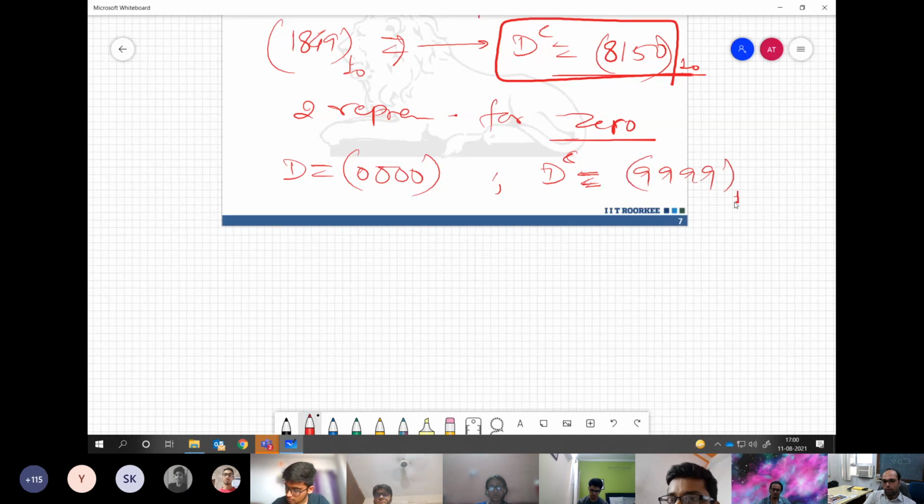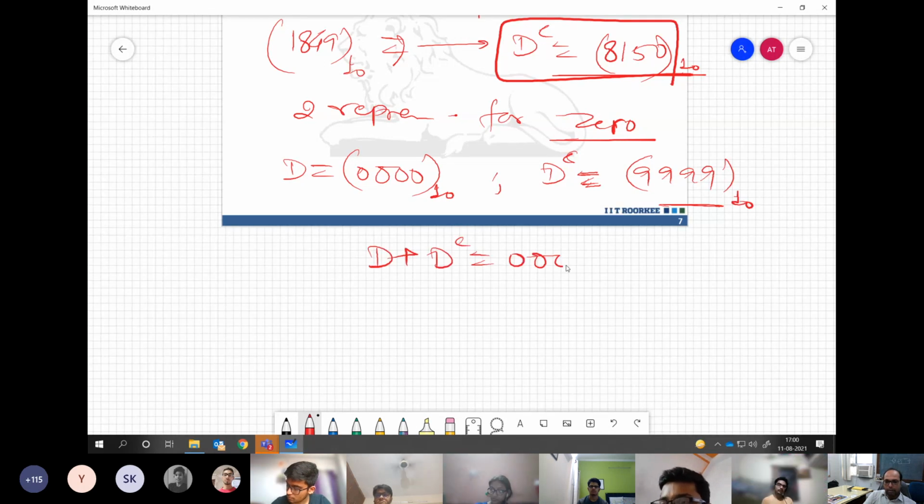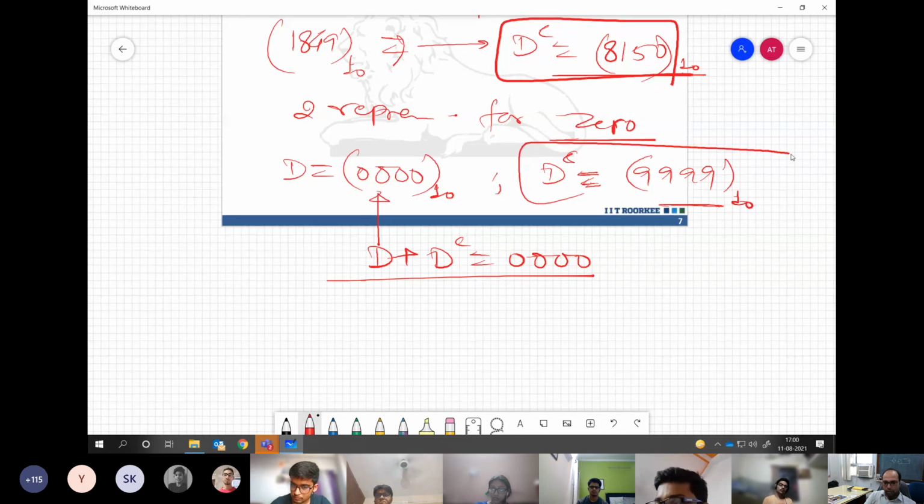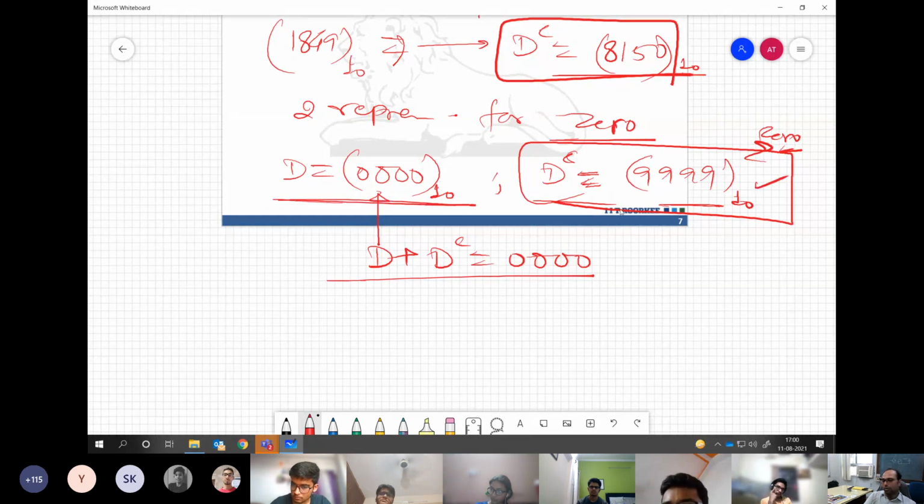And it's not overflowing, please mind it. So if it has to fit the rule that D plus D complementary equals 0000, and this one has 0 value, then this is also having a 0 value. That is why I say in this system we have two representations for 0.